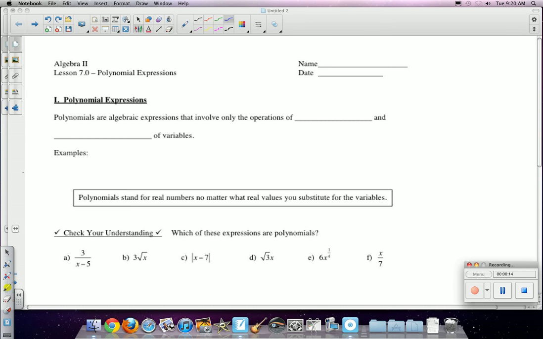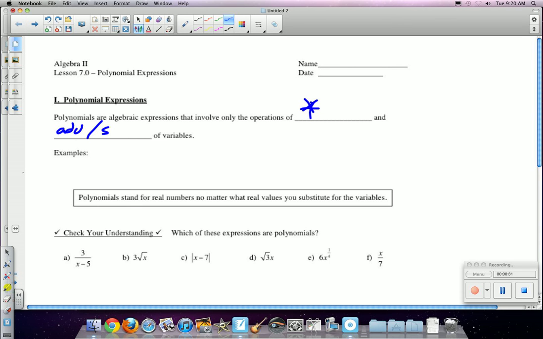Okay. So, polynomial expressions are algebraic expressions that involve only the operations of multiplication and addition and subtraction. That's a multiplication sign.